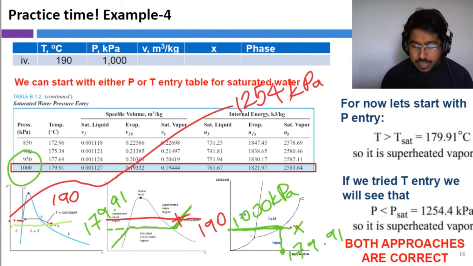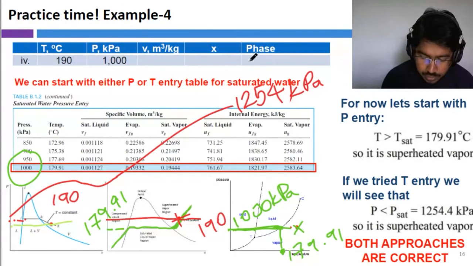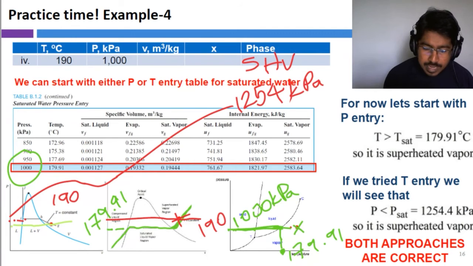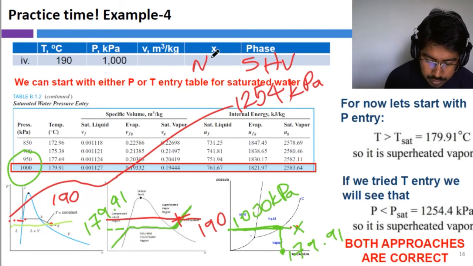Okay. So now, using three diagrams, we figured out that our phase for this given question is superheated vapor. Now we have that. And what about X? X is non-applicable.